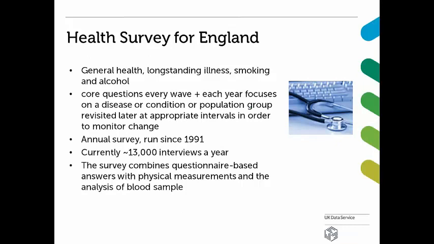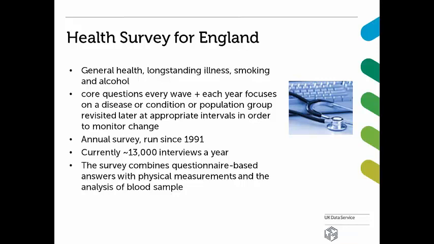Another commonly used UK survey is the Health Survey for England. This is a series designed to monitor trends in the nation's health and asks about general health, long-standing illness, as well as many other health-related questions. Core questions are included in every wave, but each year's survey also has a particular focus on a disease or condition or population group, and these are subsequently revisited at appropriate intervals in order to monitor change.